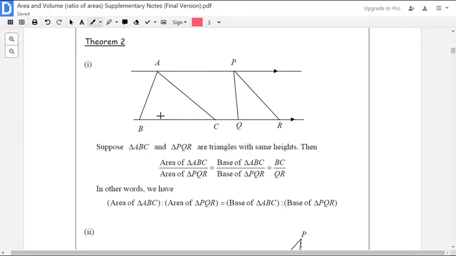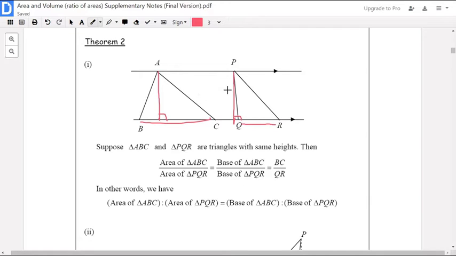That is, the height of triangle ABC and the height of triangle PQR are the same. Then, the ratio of the area of triangle ABC to the area of triangle PQR will be the ratio of the bases BC to QR. And note that you need not take a square in this case.